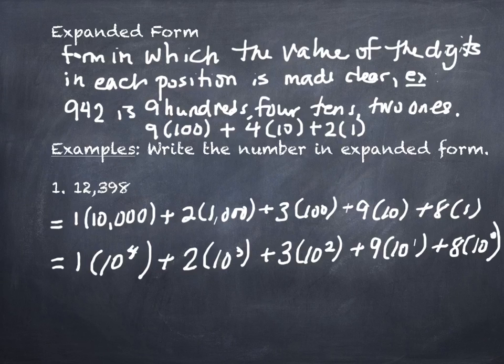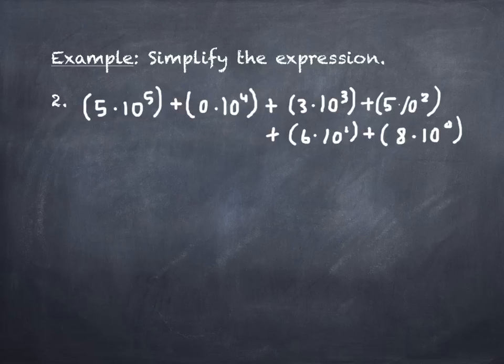All right, so just like we can write numbers in expanded form, we can also take what's in expanded form, like in example 2, and write it simplified. So when you see 5 times 10 to the fifth, that's a 5 in the 100,000s position, because 10 to the fifth power is a 1 followed by 5 zeros, which is 100,000.